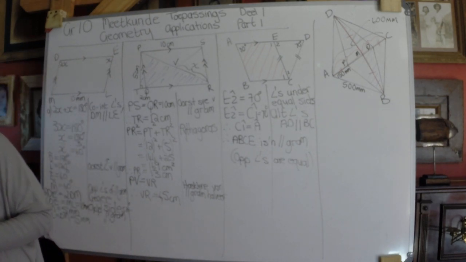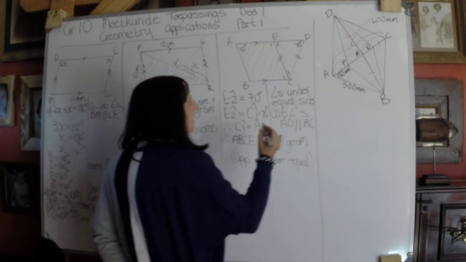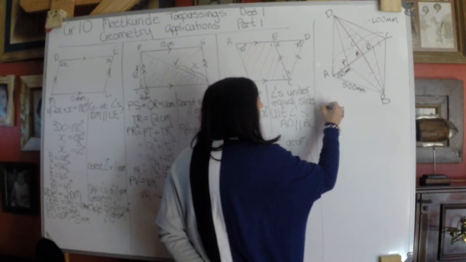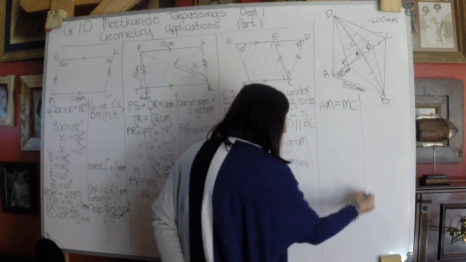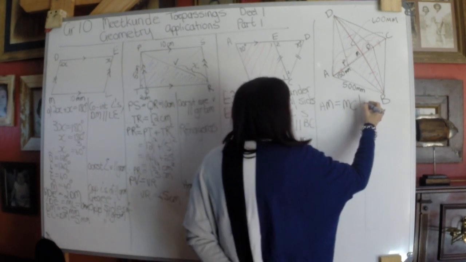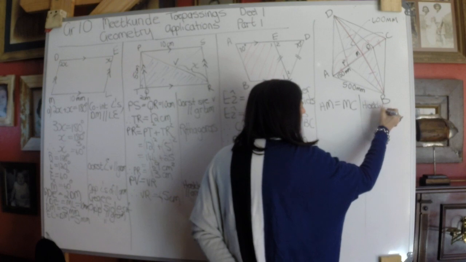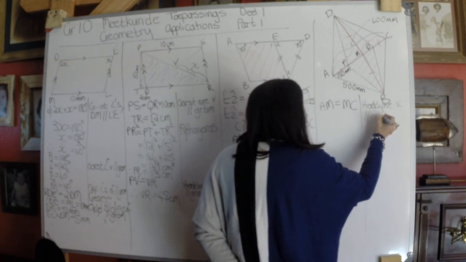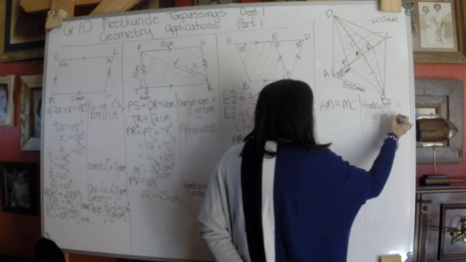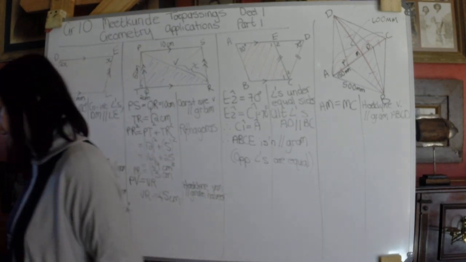Goed, kom ons begin en ons gaan kyk na AM is gelyk aan MC. Why is that true? Because that's diagonals, hoeklyne van parallelogram ABCD. That's the first thing that I can say.